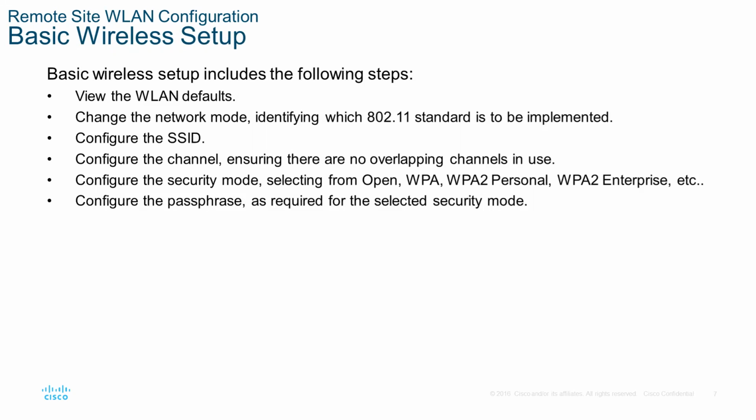Now, depending on what you're using, you may or may not be able to manually change this. Configure your security mode, whether you're using WPA2 personal, enterprise, whatever you're using, and then put in your passphrase and security mode. Now remember, we always recommend a passphrase. This gives you a more robust password.